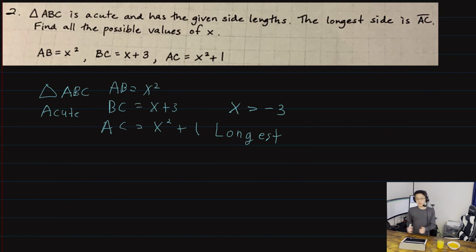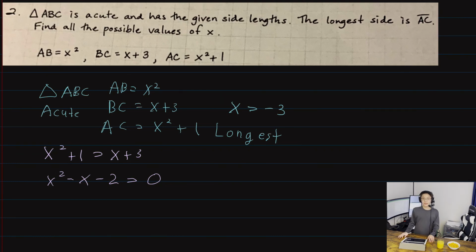So AC is already longer than AB. So let's make x squared plus 1 greater than x plus 3. We can now subtract x and 3 from both sides. So x squared minus x minus 2 is greater than 0. And now let's factor this.